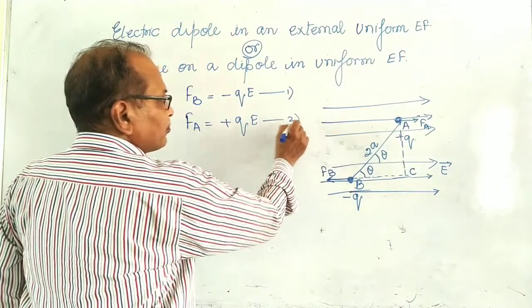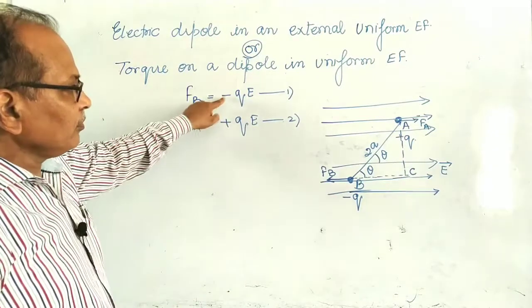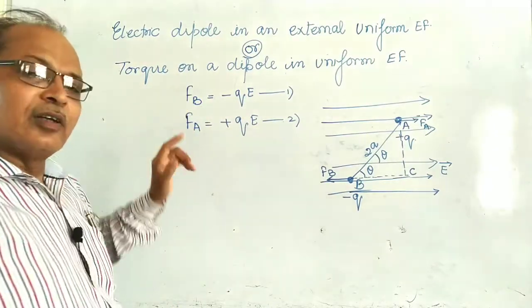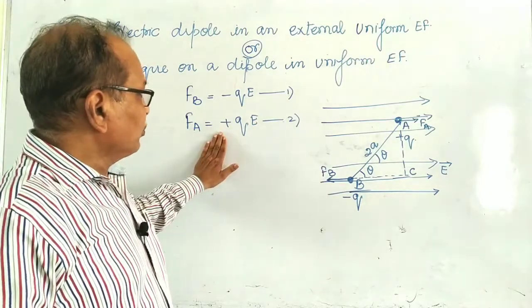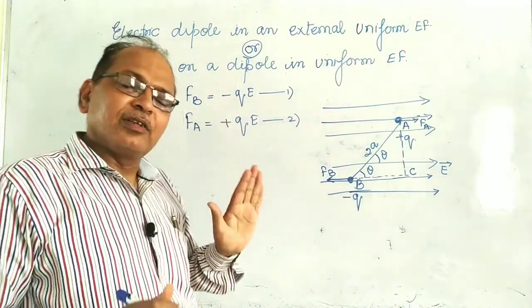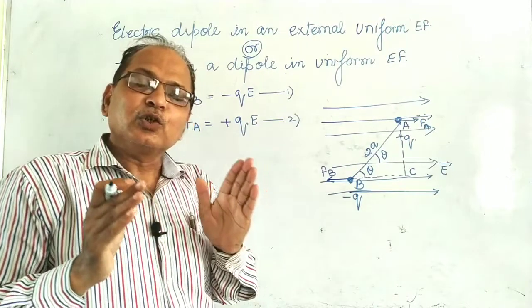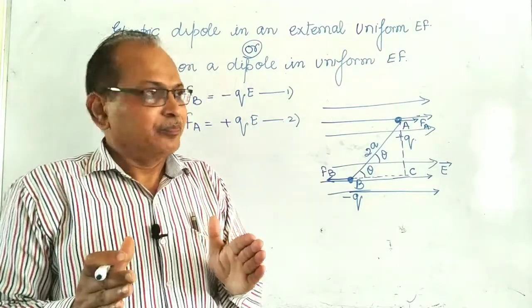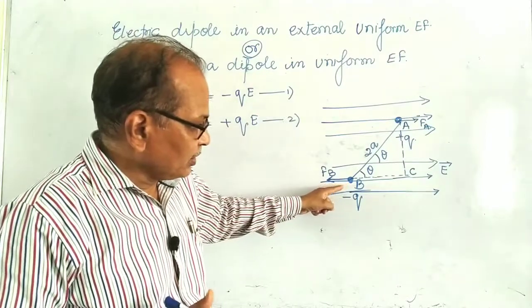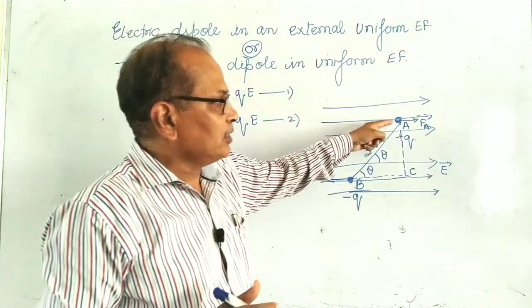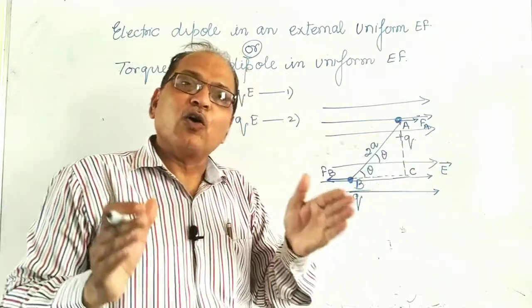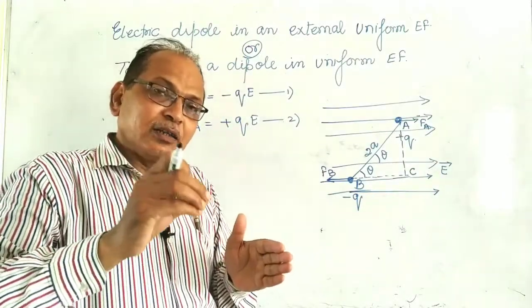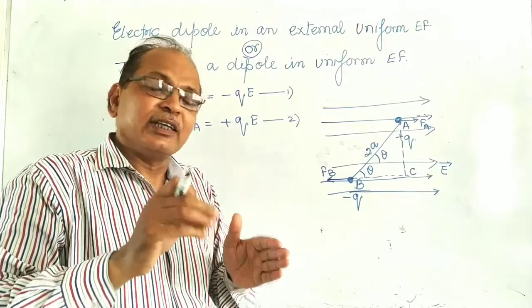Second point. Now see, FA is positive, FB is negative. This shows that the two forces have opposite direction. See, this is FB, this is FA. Both the forces are opposite in direction, and the point where the two forces are acting is not the same.